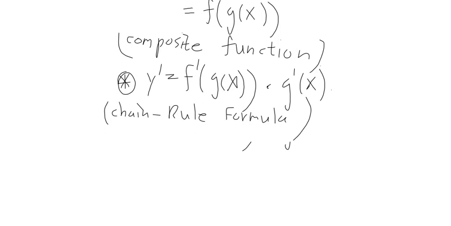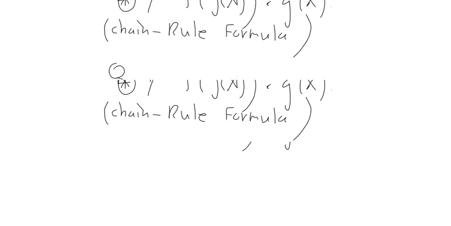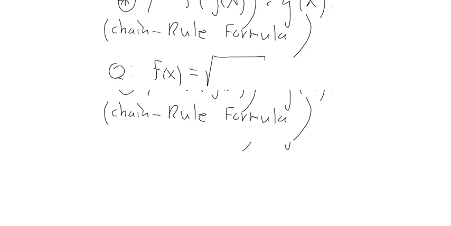So here's a question. If we have a function f of x, f of x is equal to the square root of sine of x squared.